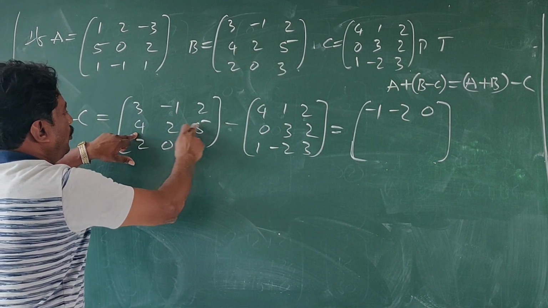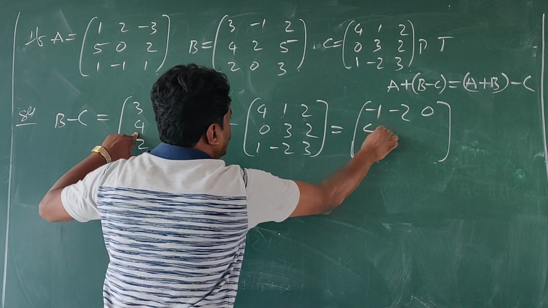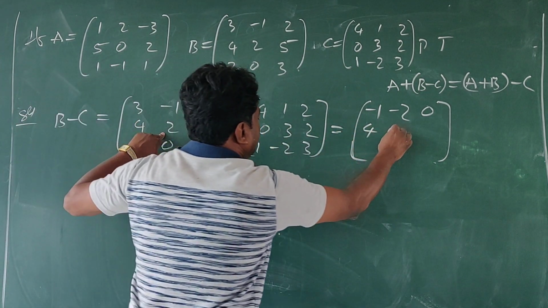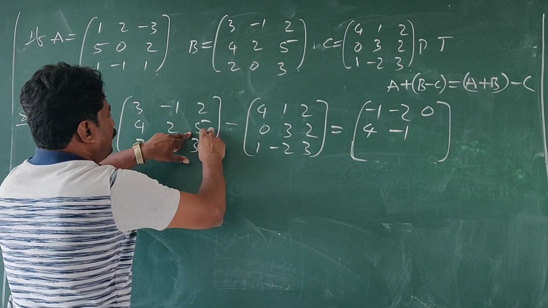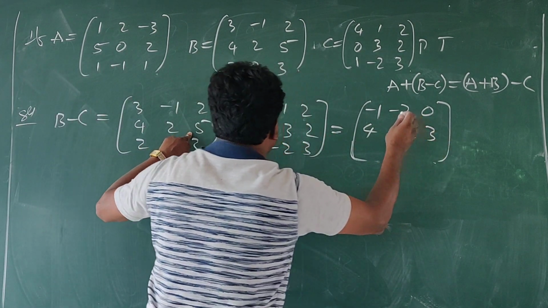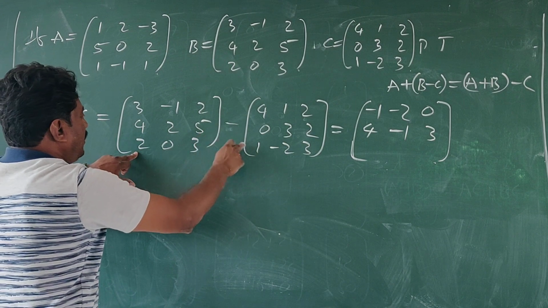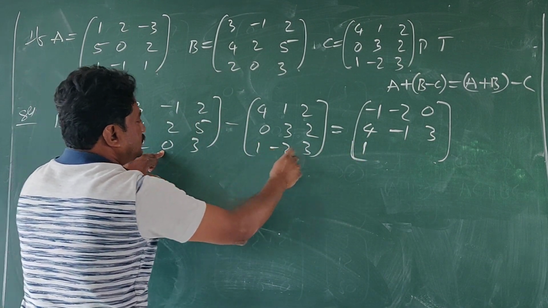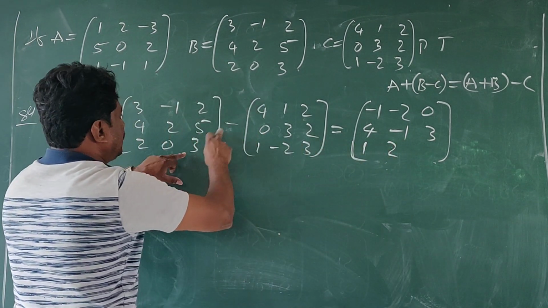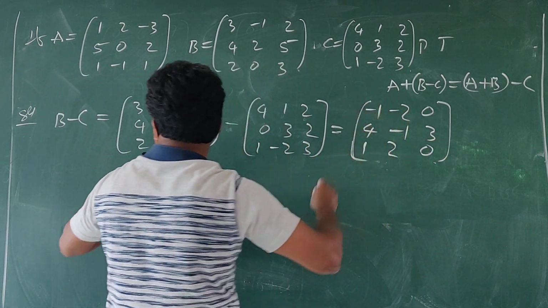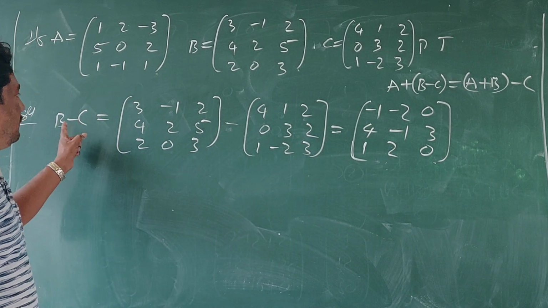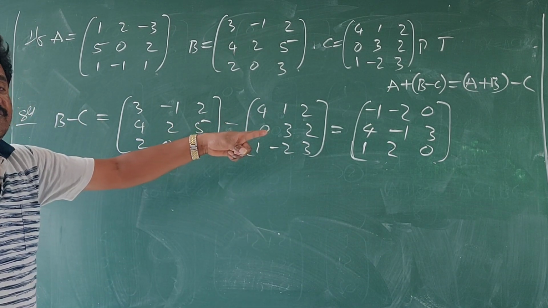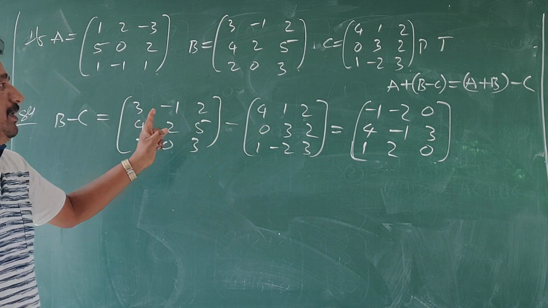Next, 4 minus 0 is 4. 2 minus 3 is -1. 5 minus 2 is 3. Next, 2 minus 1 is 1. 0 minus (-2) is plus 2. Next, 3 minus 3 is 0. We found matrix B - C.